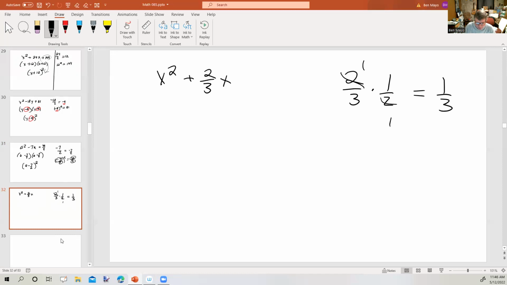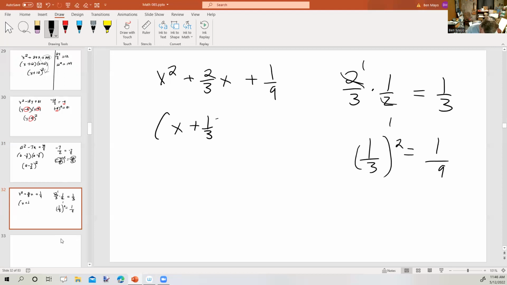So half of 2/3 is 1/3. Then I'm going to take the result and square it and add that up here to the binomial to make it into a perfect square trinomial, whose factors would be that. So you could write it like that.